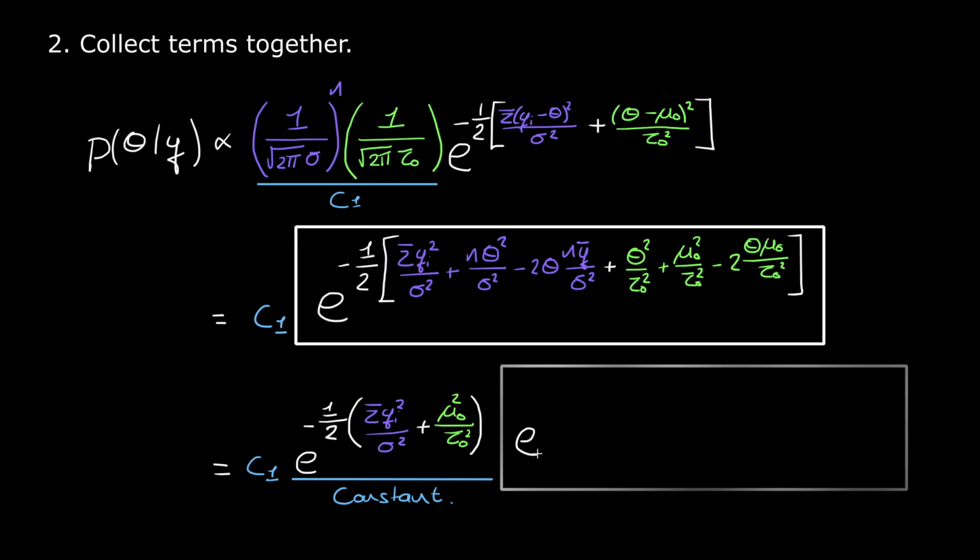These can be separated and combined with the constant C1. We now have an exponent with 4 terms involving theta squared and theta that can be simplified.